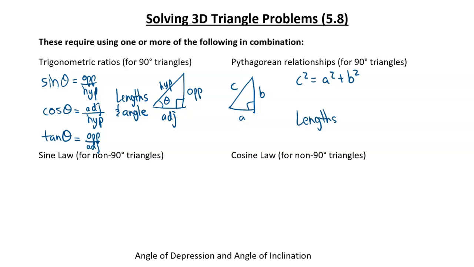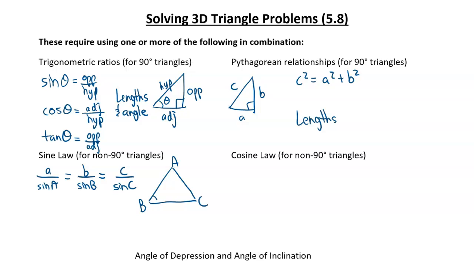We have the sine law, in that case. The sine law says that side length a over sine A is side length b over sine B, which is side length c over sine of angle C. What that looks like, for example, is if I have triangle ABC and it's not a 90-degree triangle, this would work if it was 90 degrees, but let's suppose we don't know that there's a 90-degree angle anywhere in the triangle.